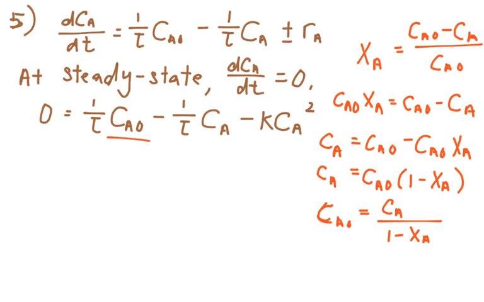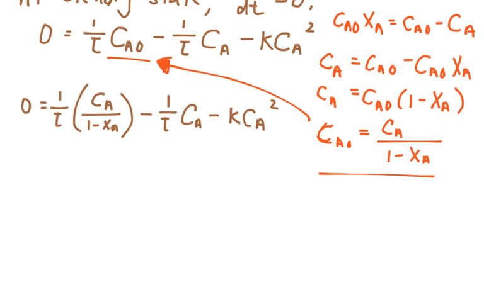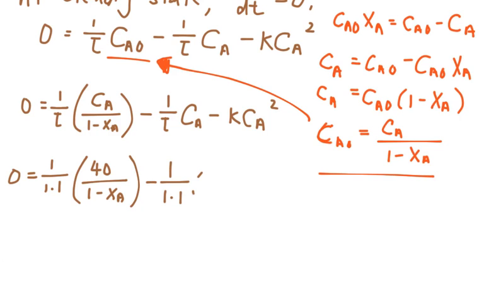In this case, if I put this equation back into my original equation here, this is what I will get. With this, I will then input all the values that I know into the equation. I know that my tau is 1.1, the concentration of CA is given as 40, (1 minus XA), minus, similarly, 1 over 1.1 multiplied by 40.